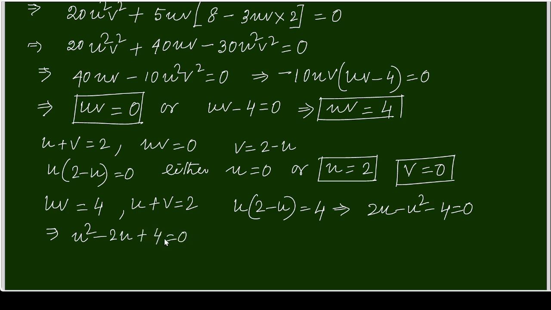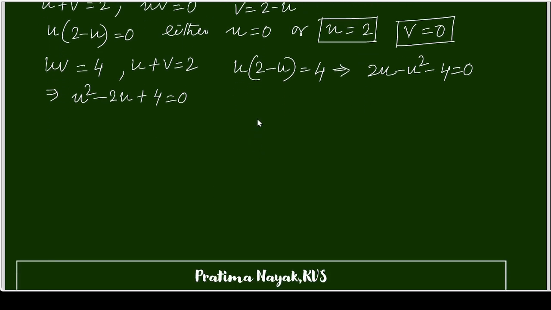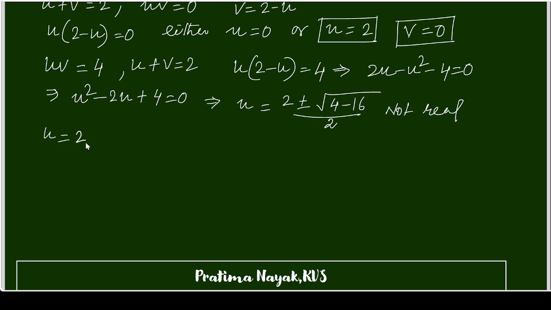If I solve this quadratic equation using the formula, I'll get u equals (2 plus or minus square root of 4 minus 4 into 4, which is 16) by 2. So this is not real. So u is 2 and v is 0. This is the solution we got.